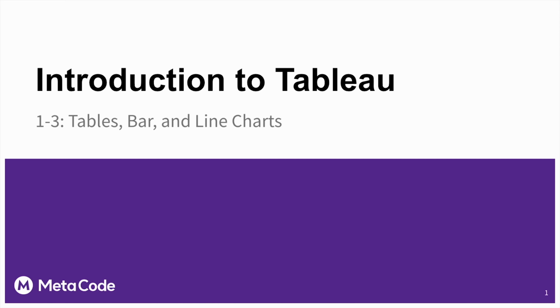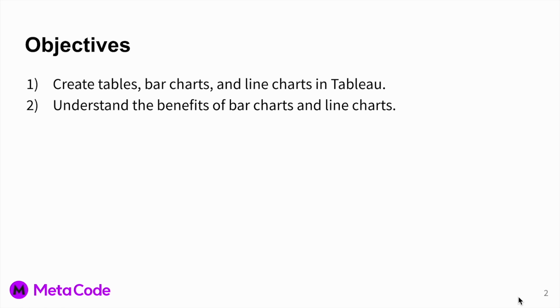Hi everyone, welcome back to Introduction to Tableau. In our last lesson, we learned how to connect to an Excel file on Tableau Public. We also began looking at key elements of Tableau worksheets, such as columns and row shelves. In this section, we're going to get hands-on with some of the most commonly used visualizations in Tableau.